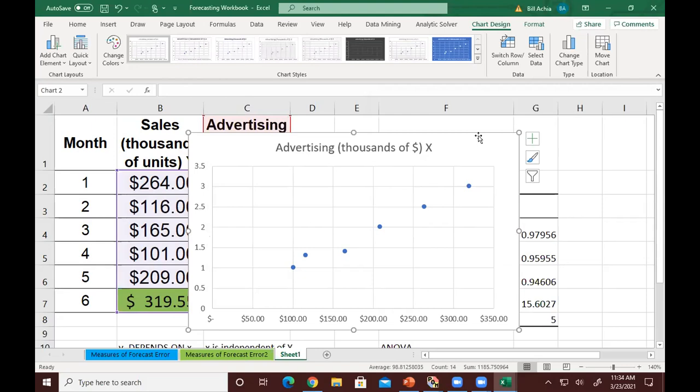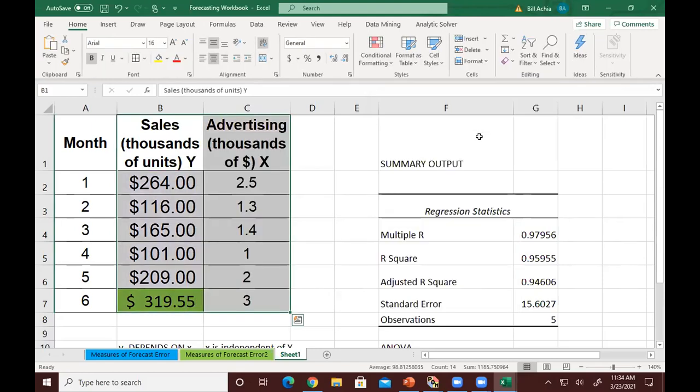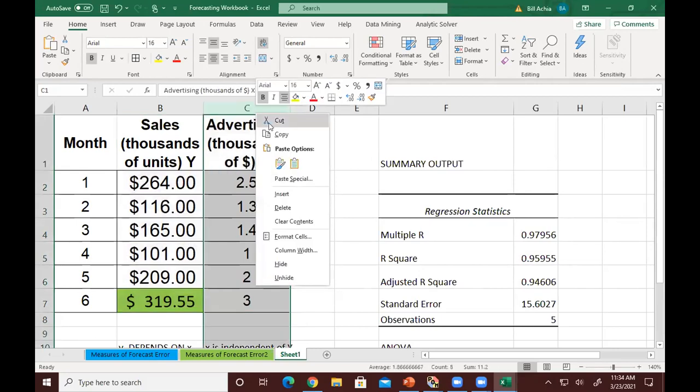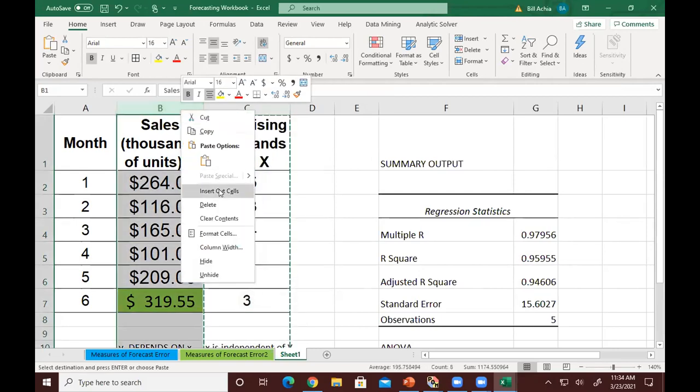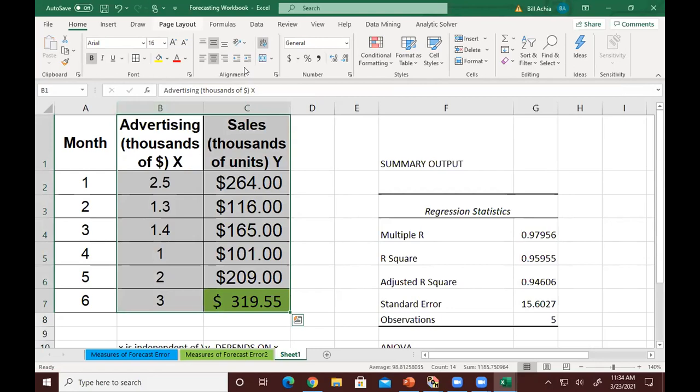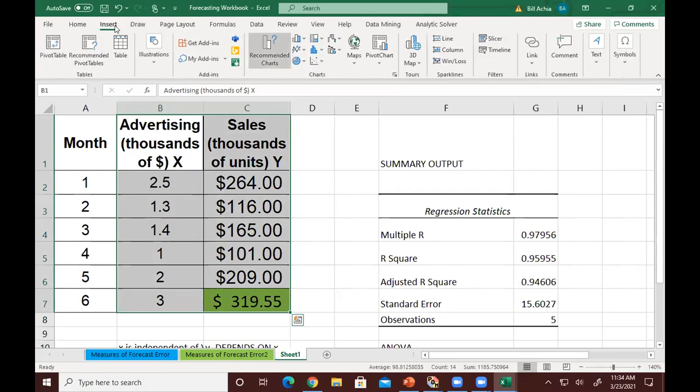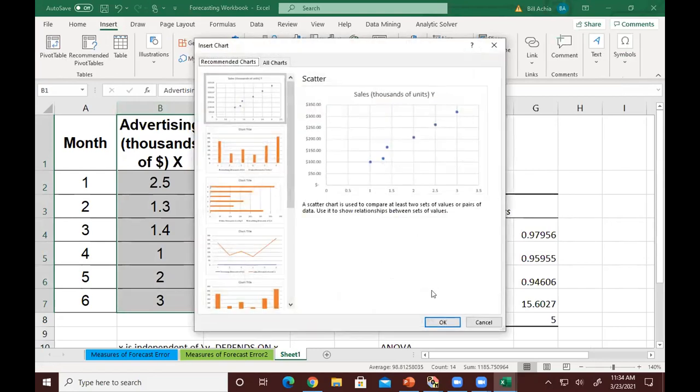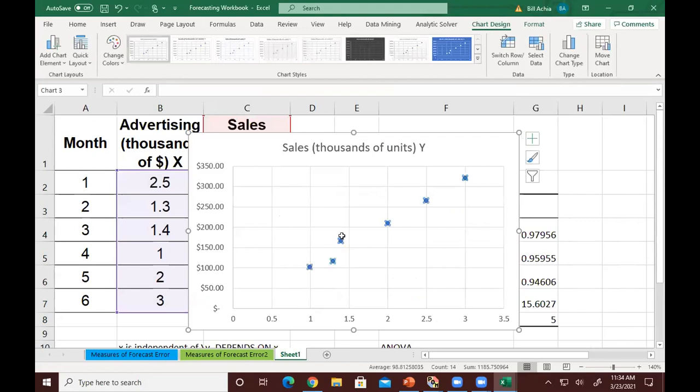The data looks accurate, but I have a problem in that my Y information is down here, and I should have it on the Y-axis, and not on the X-axis. A quick solution to that would have been for me to just flip these around. Cut, insert. Now I can go ahead and insert a diagram, and that shows me the nature of the relationship.